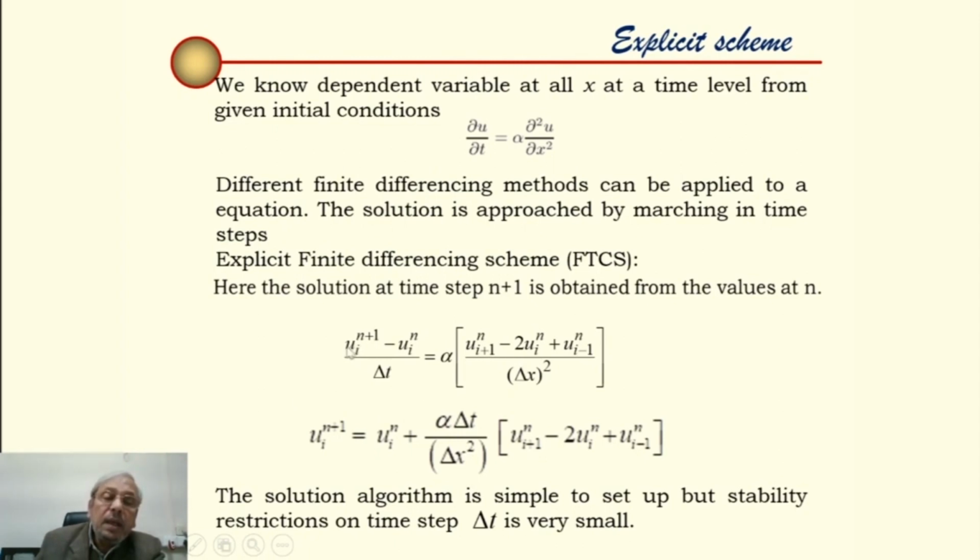Now from here we can write u_i^n+1 equal to u_i^n plus alpha delta t divided by delta x square, within bracket, u_i+1 minus twice u_i plus u_i-1, all at nth level.